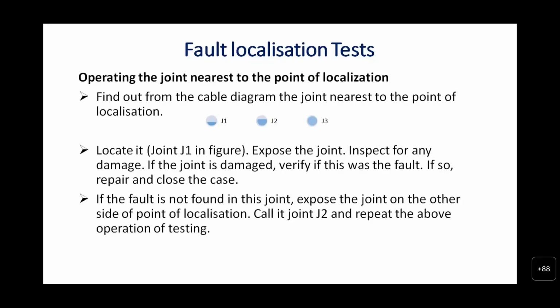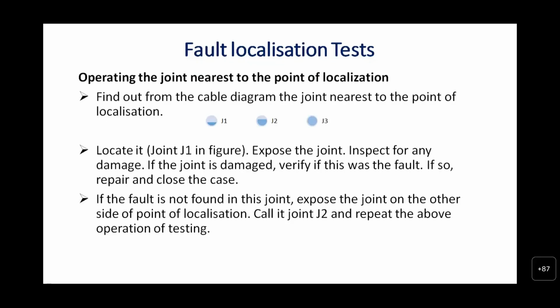This is a little bit hard to do, but after localizing the section, the nearest joint, for example J2, is opened to find out whether the fault is on the J1 side or the other side.